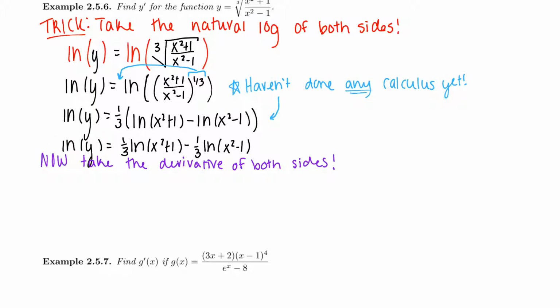So with ln y, the derivative of that would be 1 over y. But then remember, you have to multiply by a dy dx because you took a derivative of y.